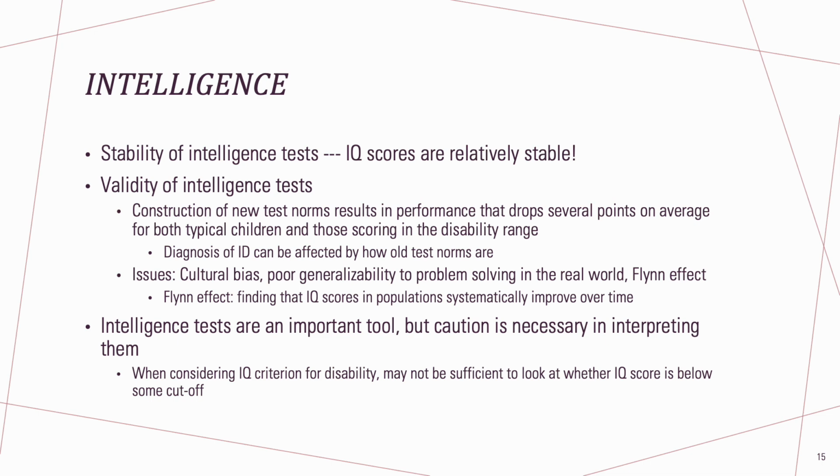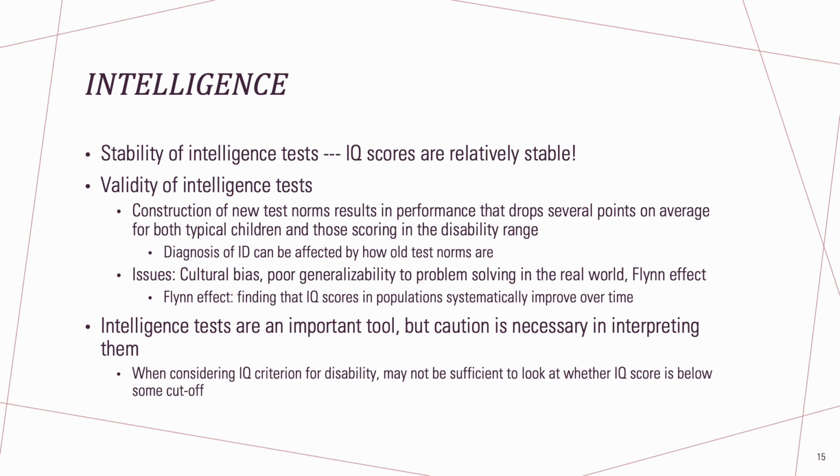Now, in terms of validity of intelligence tests, there are a whole host of things that should be considered. So for one, when we talk about normal distribution and we talk about where people fall on that, we aren't just picking a number and saying you fall here in the middle of the curve.